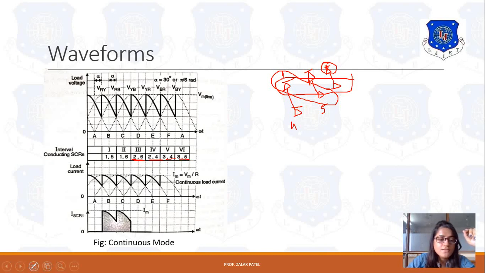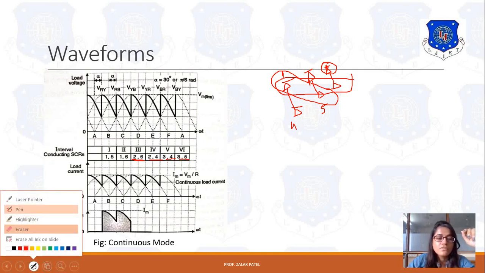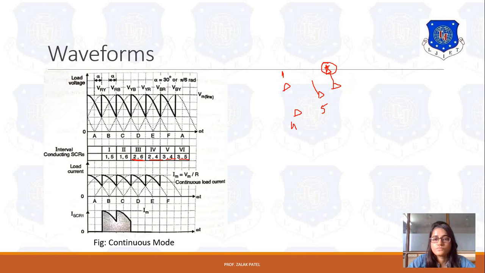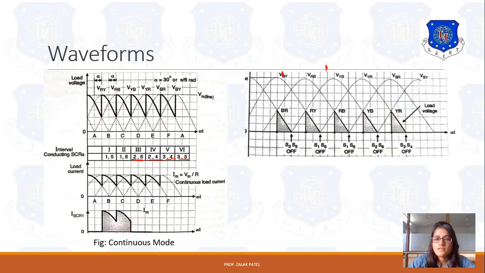So now let's take the other case, discontinuous conduction mode. In that case the diagram is like this. S3 and S5 will turn off, S1 and S5 will turn off, but here you can see that from the zero level, the diagram will go below the zero level, means it goes into the negative half cycle.